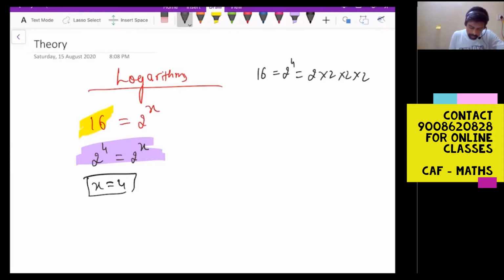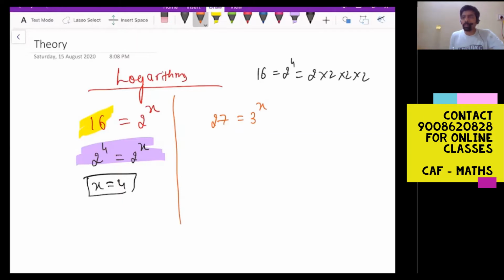Okay, I'll give another example. 27 is equal to 3 to the power x. Now, can you help me in finding the value of x? Can you express 27 in base 3?